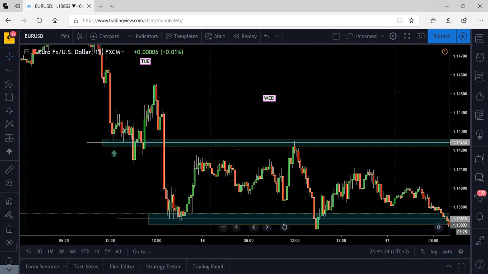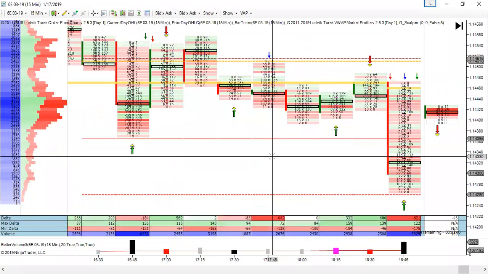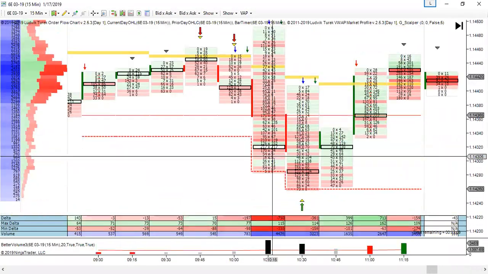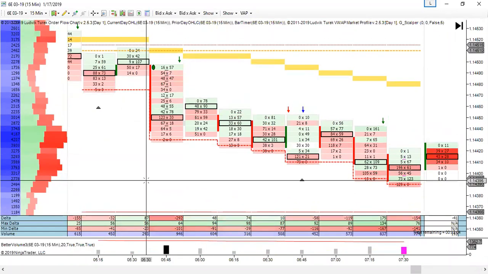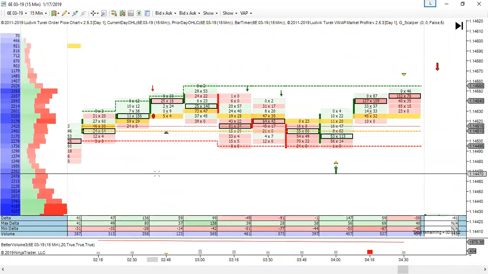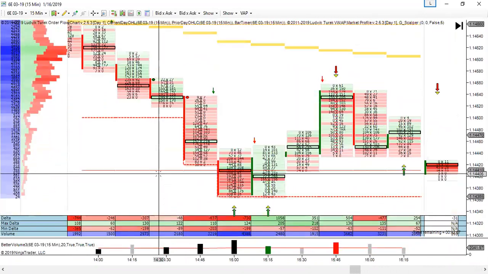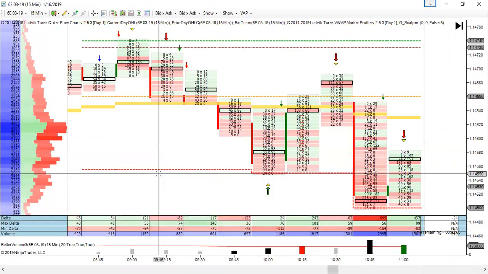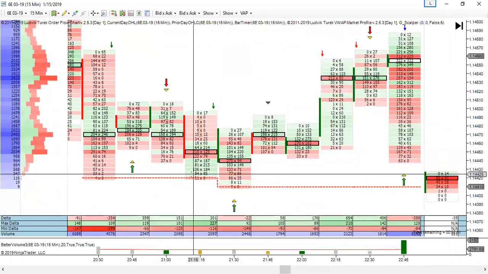Let's jump into the footprint right away and see. This is the Euro USD, so we're going to look at the 6E Euro futures. Going back to the 15th, that was Tuesday. This is Wednesday. Okay, now we are in Tuesday.